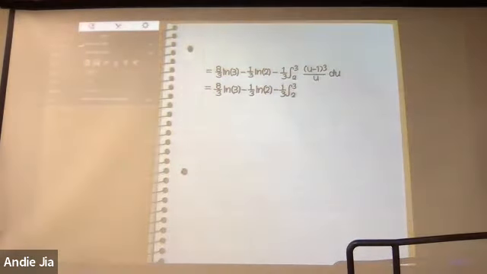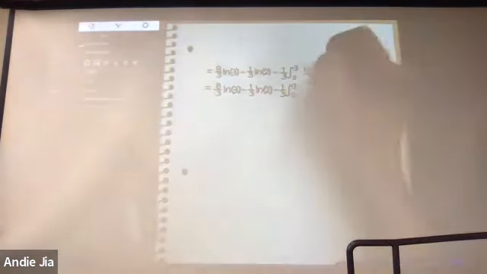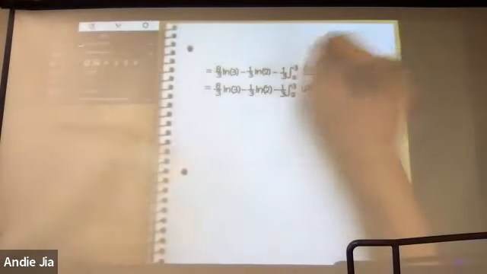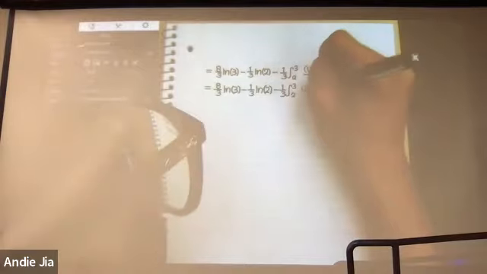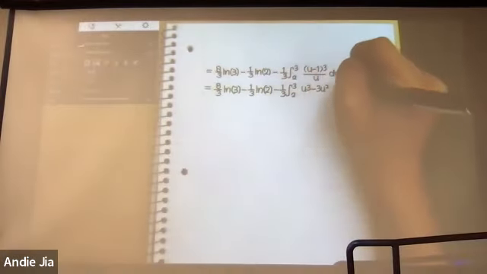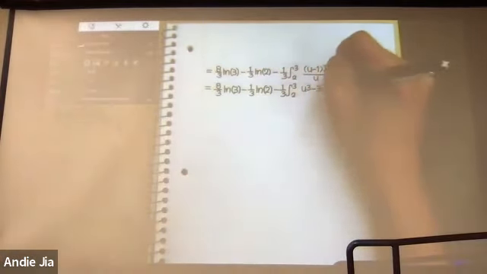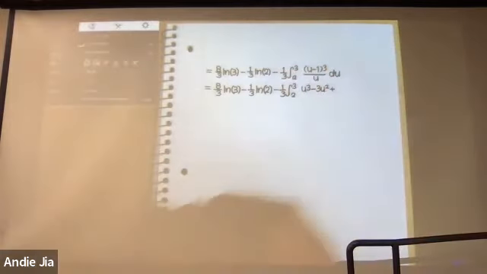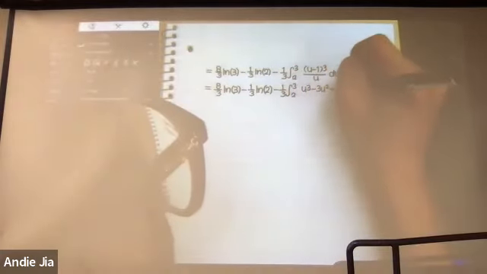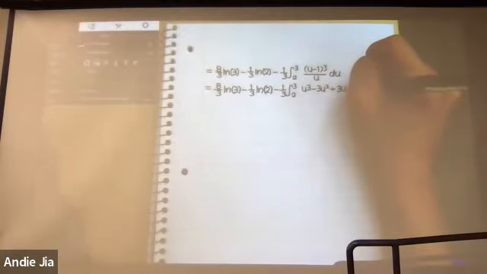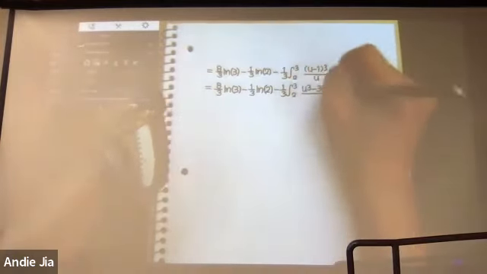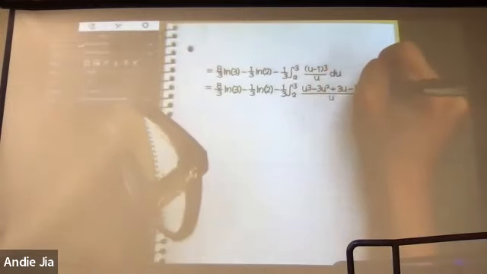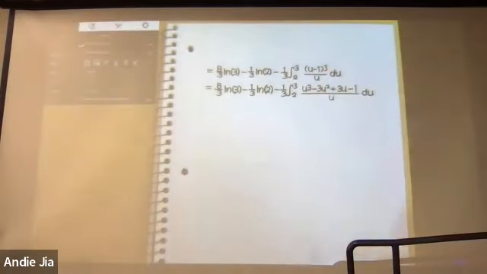It's going to be u cubed minus 3u squared plus 3u minus 1, over u du.